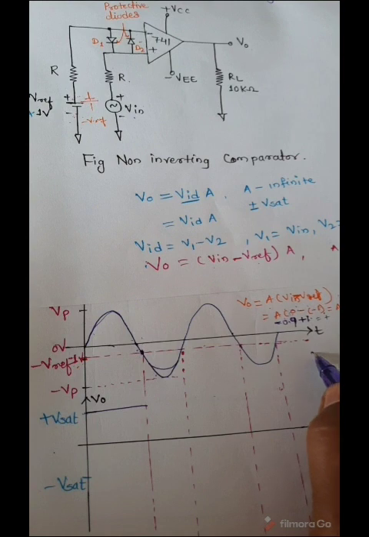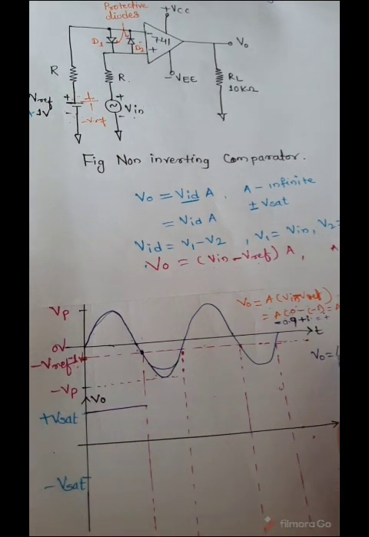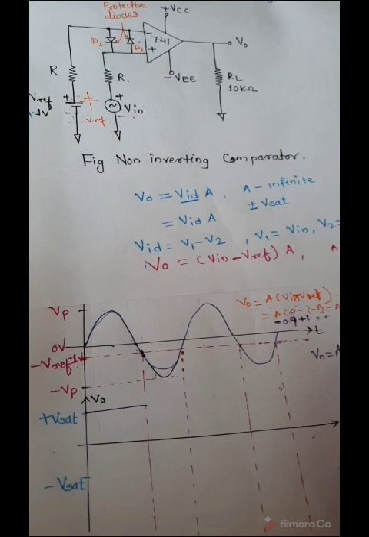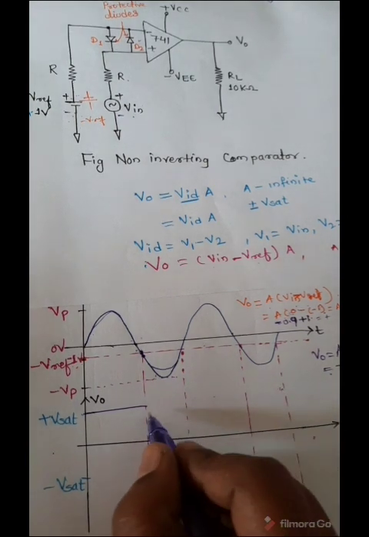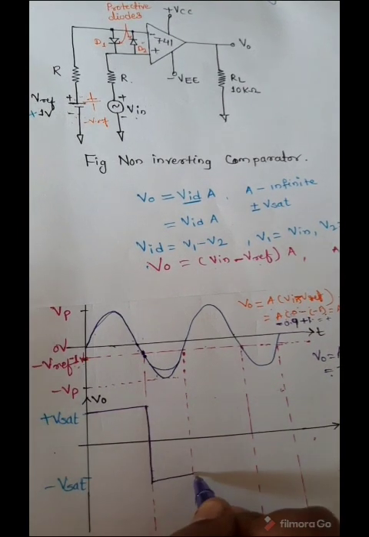We'll take another example: minus 1.1 is the input voltage, the very nearest point we will consider here. A into (minus 1.1 plus 1), what will it give us? Minus A into 0.1, negative polarity. So the output goes to negative saturation.